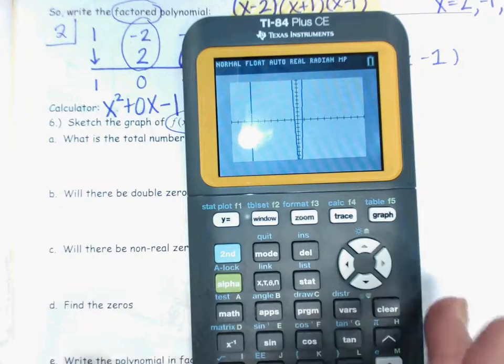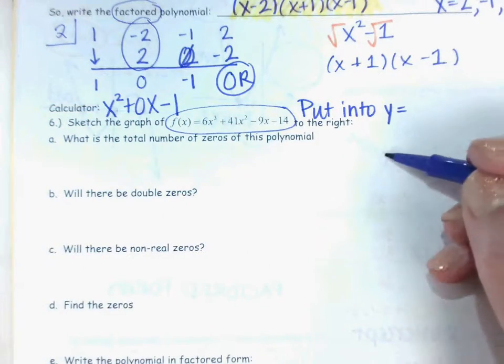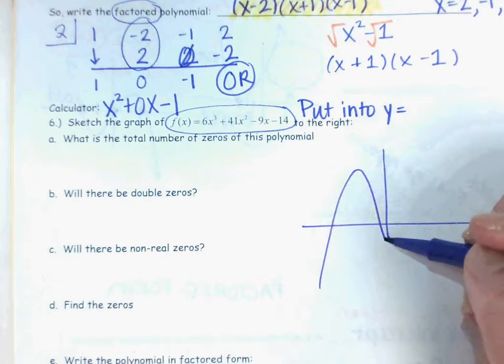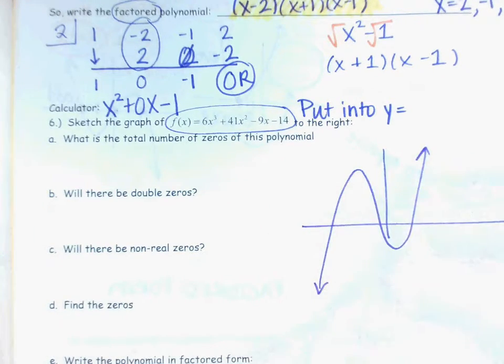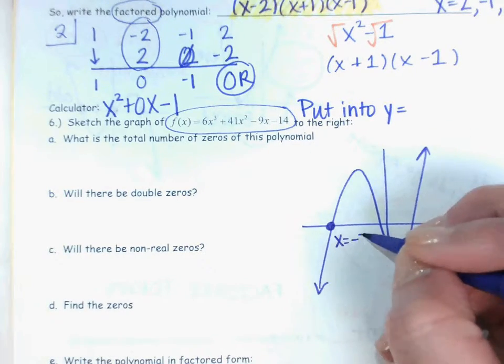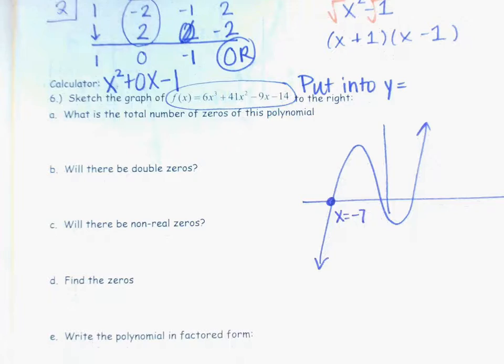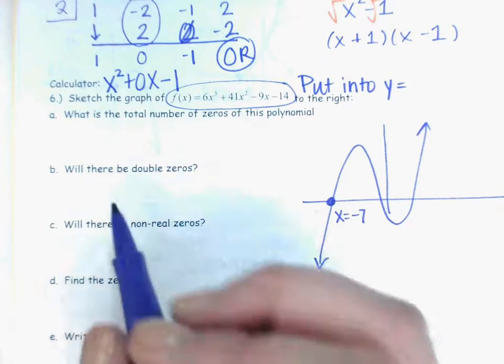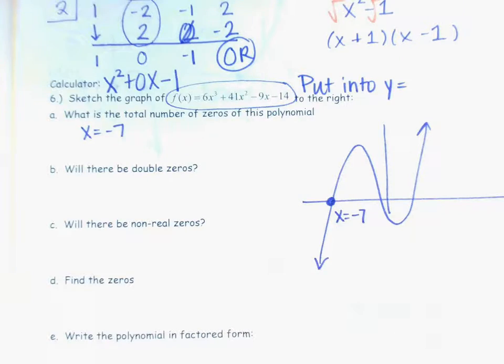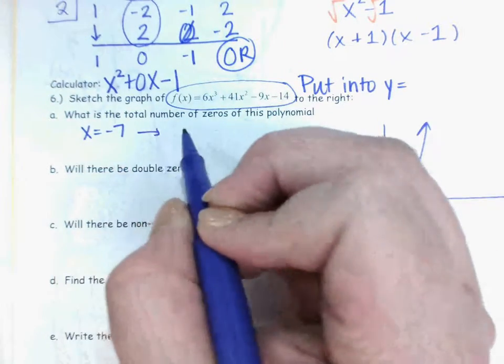Okay? So on my graph, I'm going to sketch it right here. So it went up, down, up. And this point I found is x equals negative 7. So if x equals negative 7, what would the parentheses have said? X plus 7.